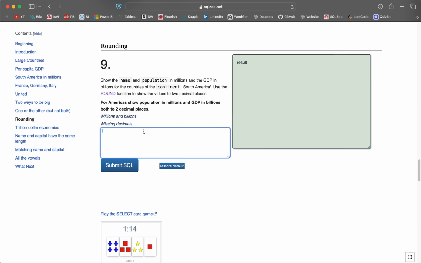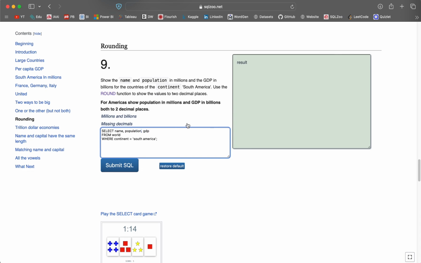So we will say select name and population from world, where continent equals South America, and then we also need GDP.